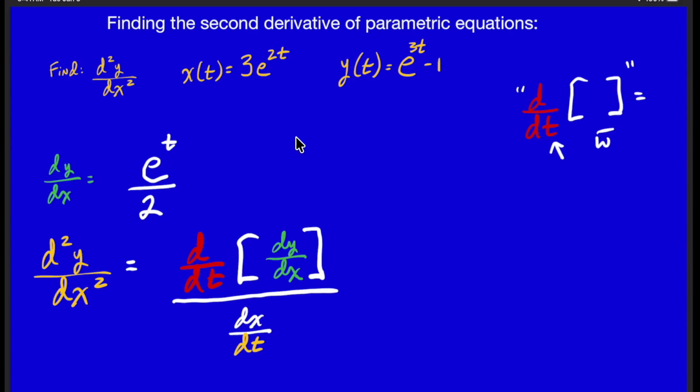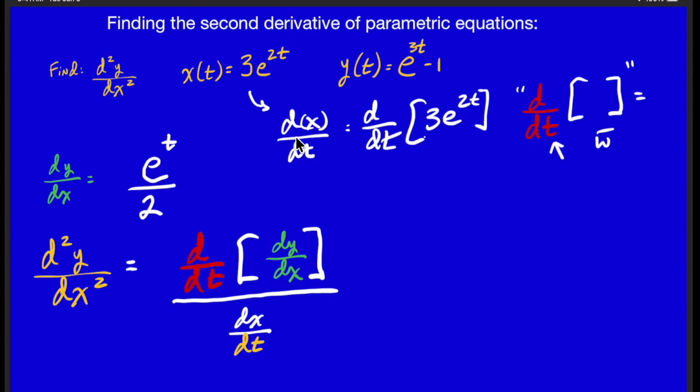Folks, before we move on, I want to do that dx/dt a little cleaner. So let's go ahead and just redo that quickly. To do dx/dt, we're going to apply the d/dt operator to this function here, 3e to the 2t. So the way to think of this is we're going to do the product rule here. So we have 3 times e to the 2t.